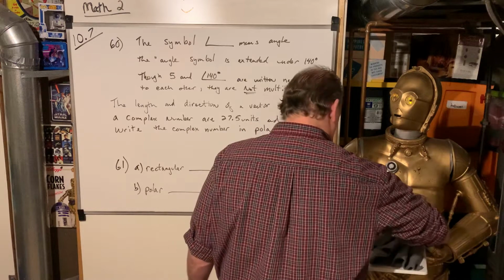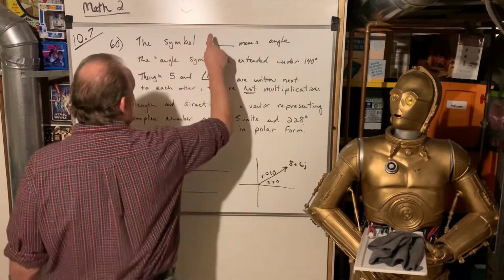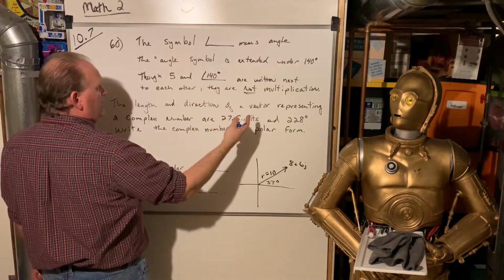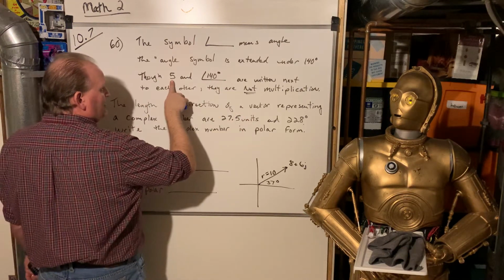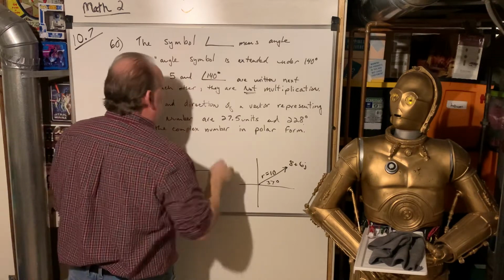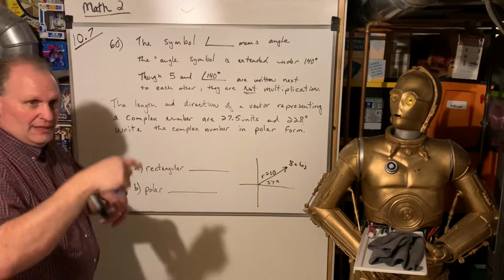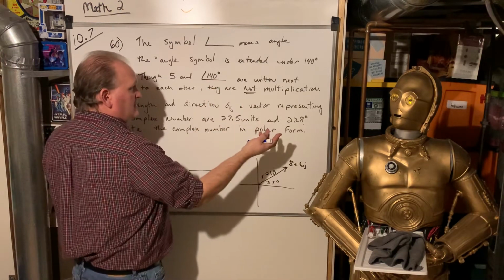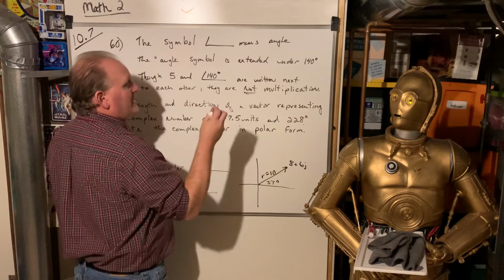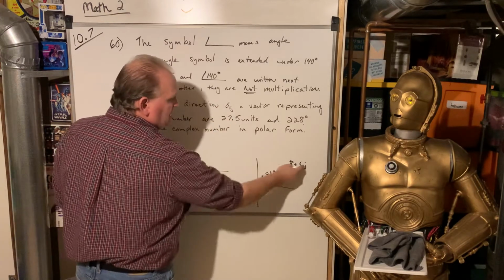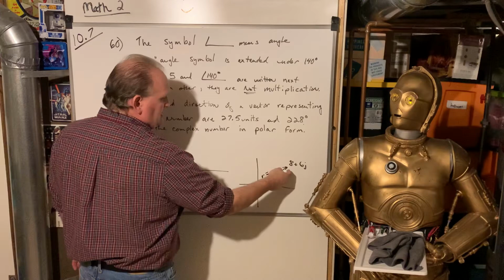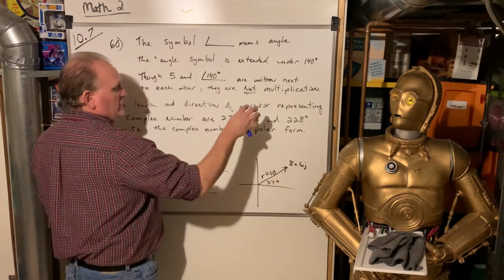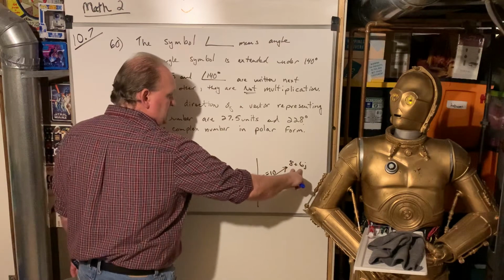If we take a look here, the symbol with this big long line is what you use to separate R and the angle. Remember, R in polar form is the length of the vector, and theta is the direction of the vector. When you're working with imaginary numbers like 8 plus 6j, where x is 8 and y is 6, this is rectangular form.